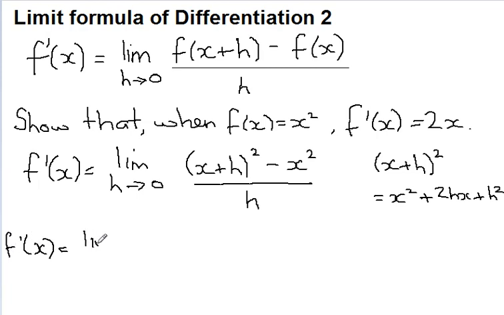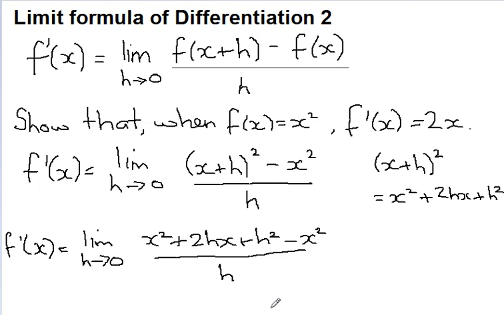The limit as h tends to 0 of x squared plus 2hx plus h squared, and then this minus x squared, divided by h. Well, if you look at the numerator of this fraction, the x squared and the minus x squared cancel out. So that leaves us with just 2hx plus h squared over h.